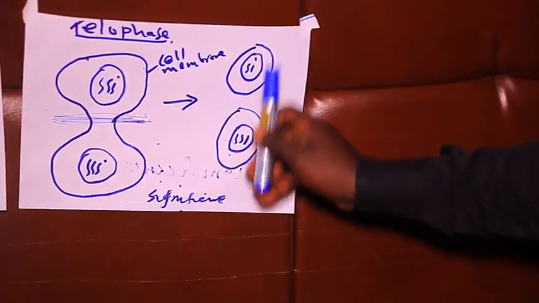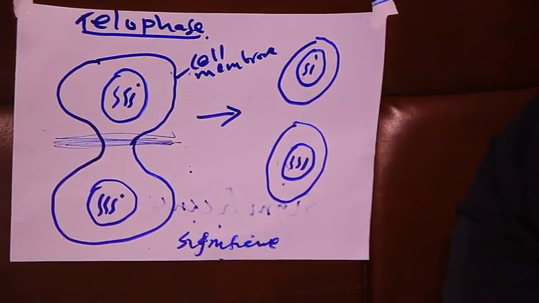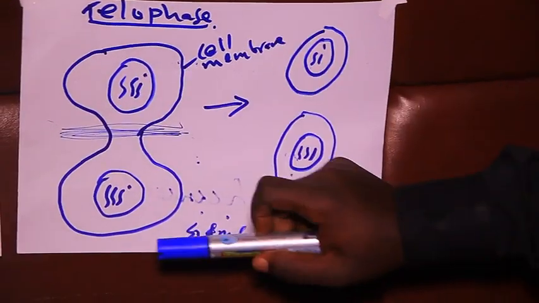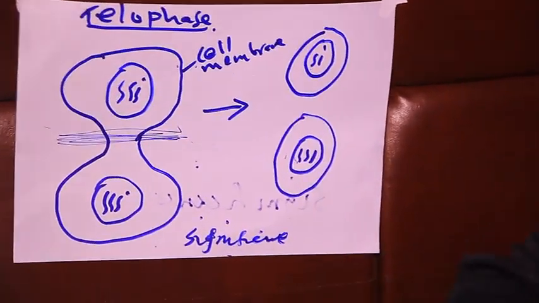So here, at telophase, the cell now begins to constrict. We call that constriction of the cell membrane in an animal cell. And therefore, once it begins doing that, finally, it will break and give us 2 daughter cells. Don't ask me why they're not giving you 2 sons. But you must be very keen that at telophase, there is the return of 2 things.